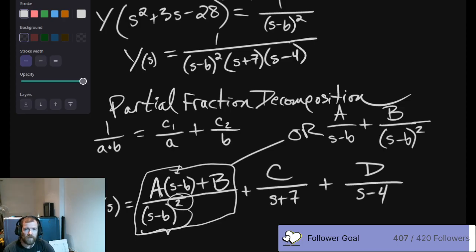Okay, now all of that is equal to the original 1 over s minus b squared times s plus 7 times s minus 4. It's ridiculous. It's fine.